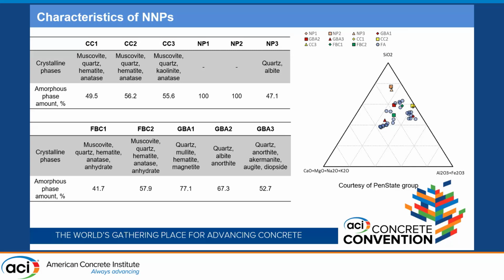The calcined clays mostly consist of aluminosilicates, and the other ashes, the FBCs and GBAs, are intermixed in the area belonging to the traditional fly ashes.